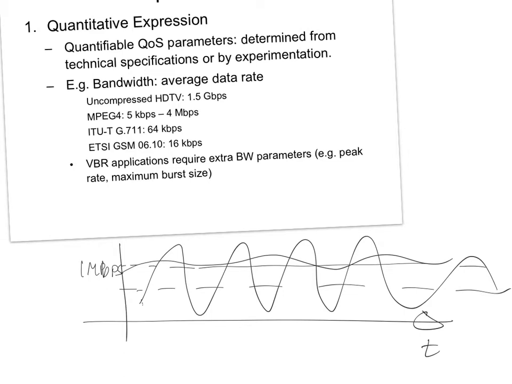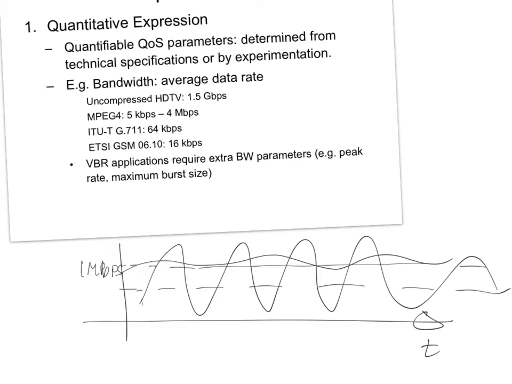Okay? So in that case, if I say maintain the average, this means that when I send bursts of many packets back to back, the network will not be able to handle this. Which means that the network will delay these packets, which will result in bad quality on the receiver side.